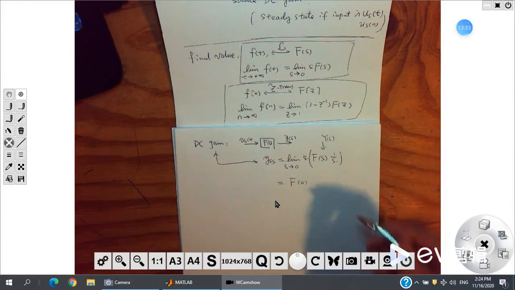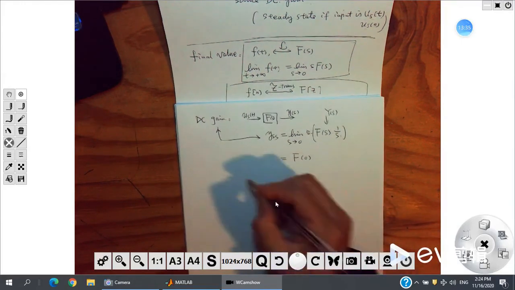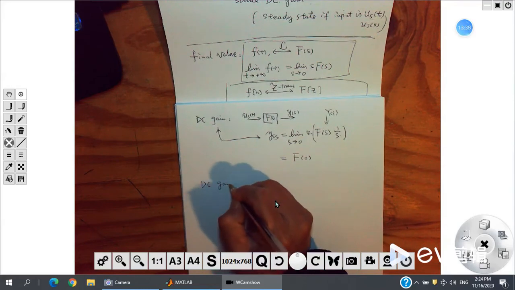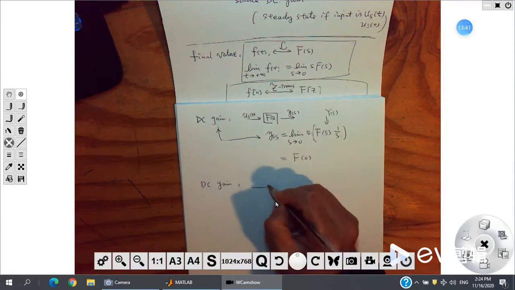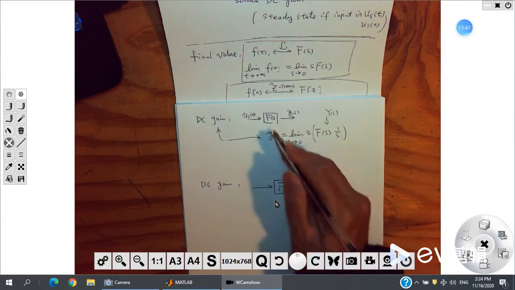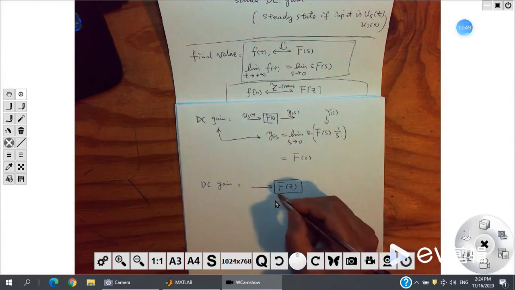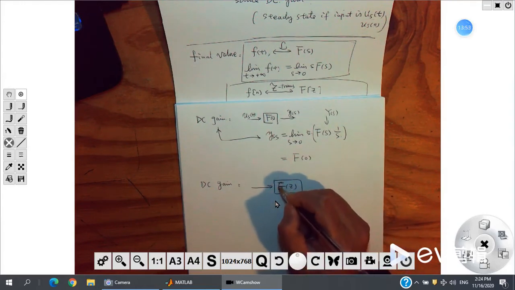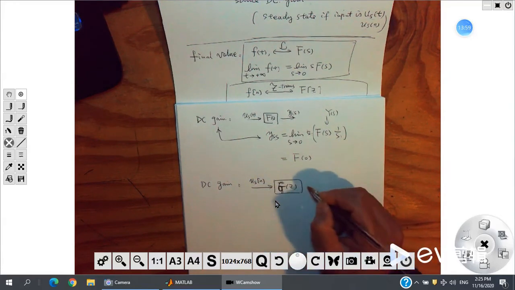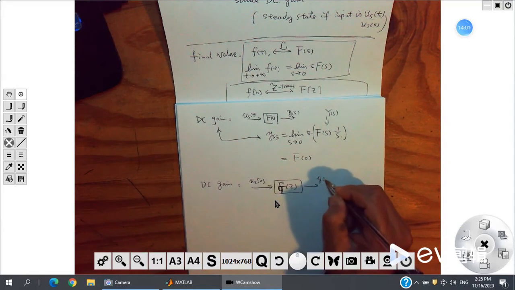Alright. And for this discrete one, F(z), this F might be different, in general I use a capital G. Then this side is still u_s, unit step, and here you will have y(n).